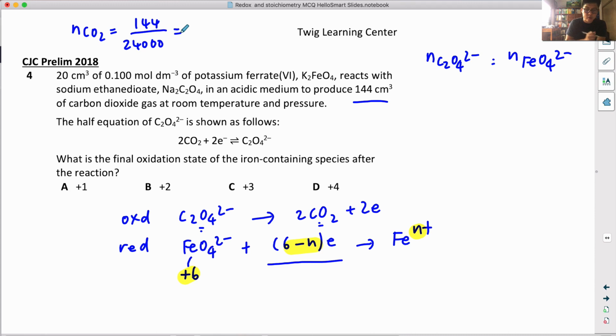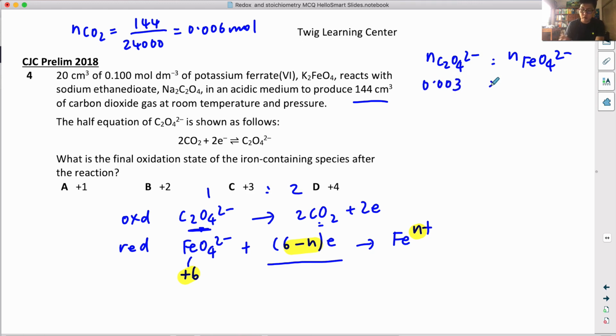In this case, it's 0.006 moles. Since CO2 and C2O4 are in a ratio of 1:2, the number of moles of C2O4 will be half, so this will be 0.003.